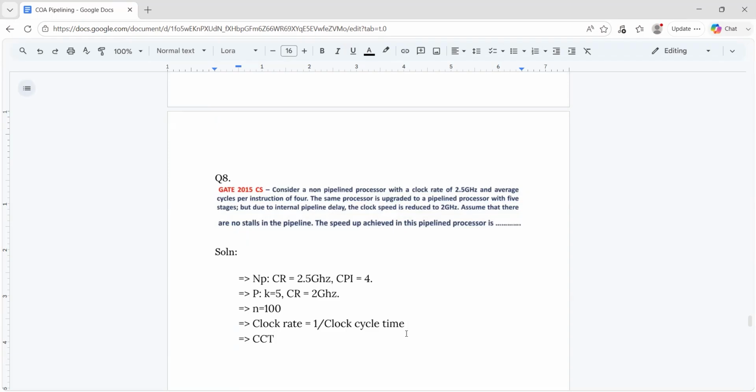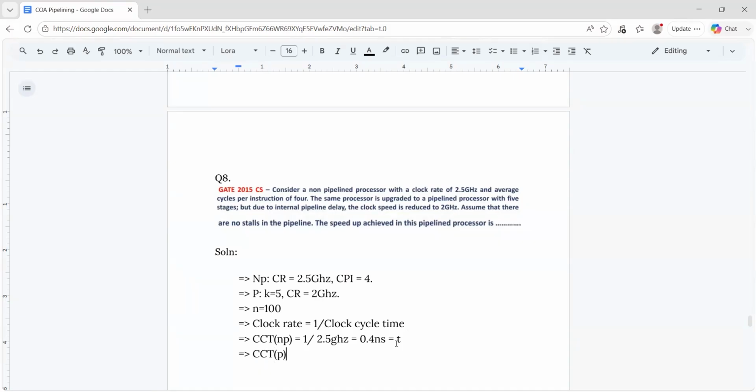I'll shortly put it as CCT. For the non-pipeline case, it is 1 by 2.5 GHz, and we'll be getting the individual time for both the cases, which is equal to the small t we'll be using in those formulas.